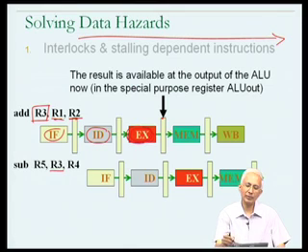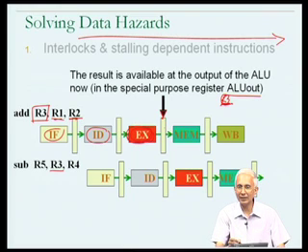In fact, it is available in a special purpose register which we referred to as ALU out at the time that we were looking into the innards of the different pieces of hardware. So the actual value which is computed and available in ALU out at this point in time will be written into register R3 in the early parts of the write back stage of the add instruction. However, it is available in ALU out as early as this point in time, if I look at the timeline.